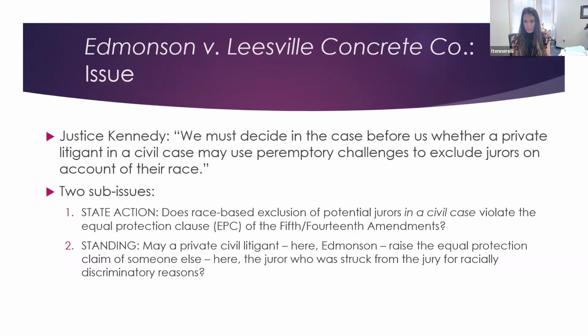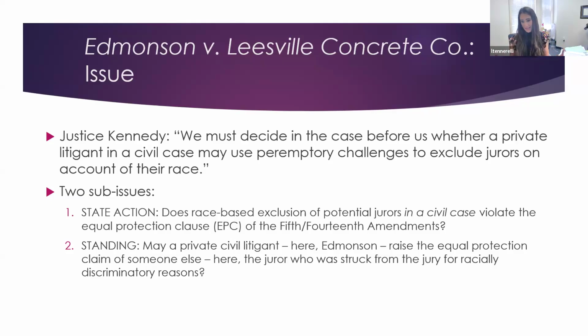So there are two sub-issues here. The first is whether excluding jurors based on race in a civil case violates the Equal Protection Clause, given that private people, unlike a prosecutor, aren't working for the government, right? That they aren't state actors. And the second is whether Edmondson can raise the equal protection claims of the jurors who were struck, because the idea of standing is that you have to have suffered an injury in order for you to make a claim.